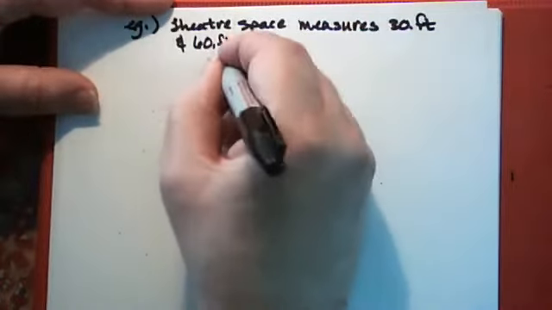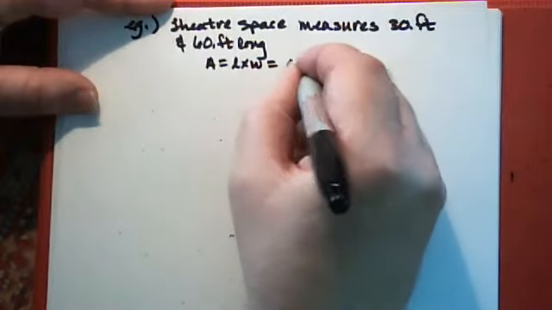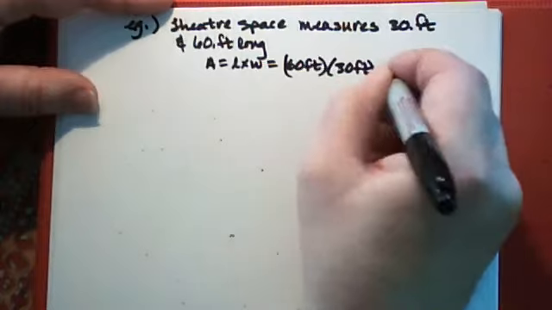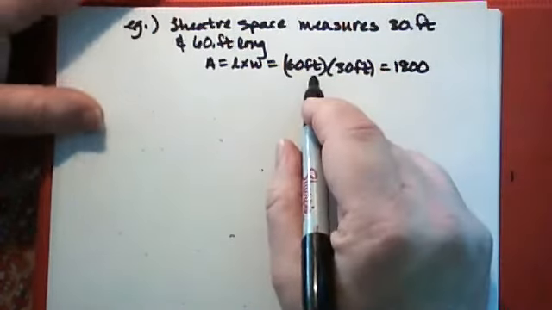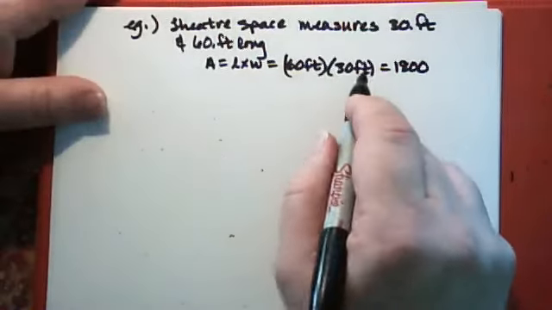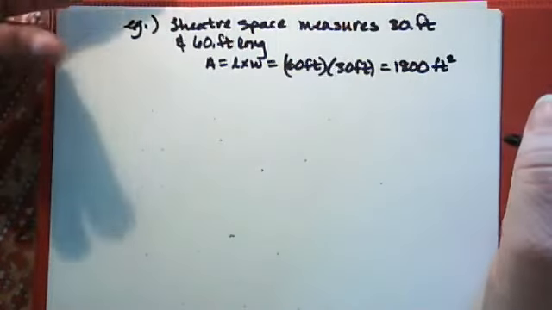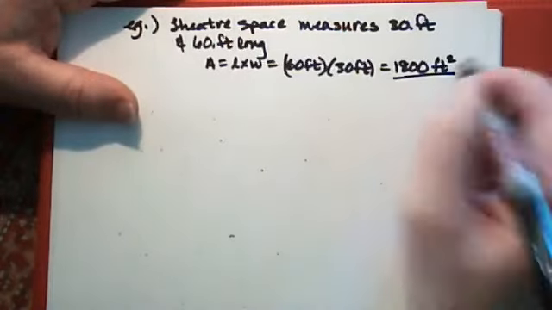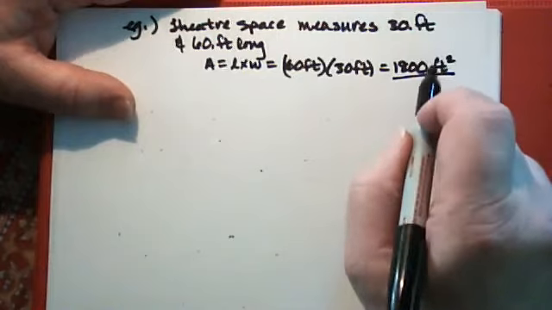So the area would be length times width. That's 60 feet times 30 feet. And 60 times 30 is 1,800. And for the units, when you're multiplying and dividing, you treat the units as if they were a number. So feet times feet would be feet to the second power, just like 2 times 2 is 2 to the second power. And that would be 1,800 square feet. Feet to the second power is usually said as square feet.